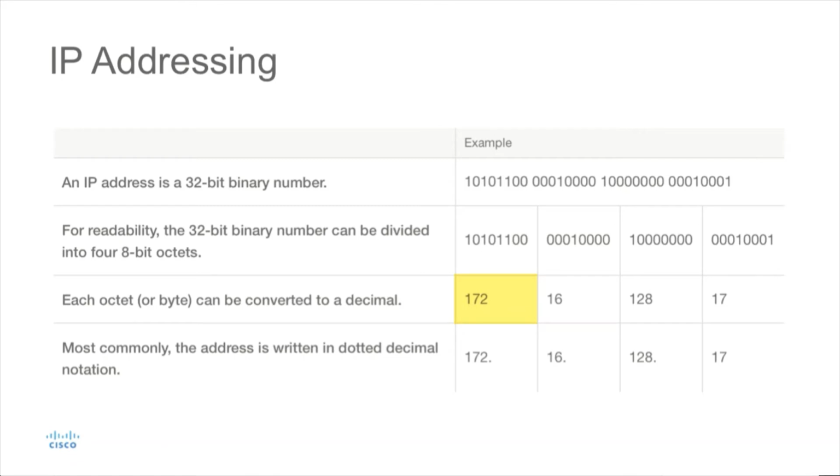If we were to do the same with the next octet, we'd get a value of 16. With the following octet, a value of 128, and with the last octet, a value of 17.